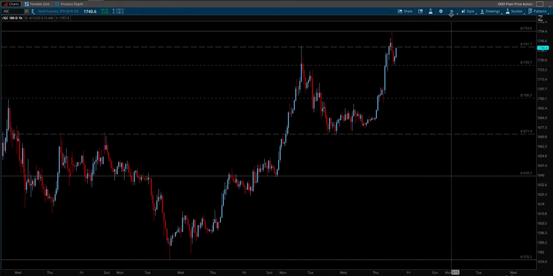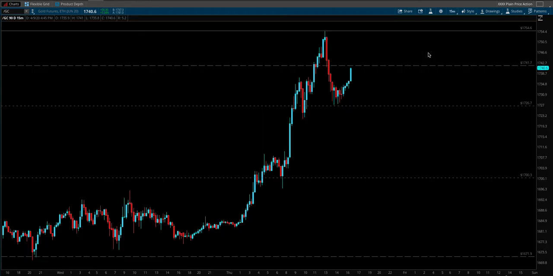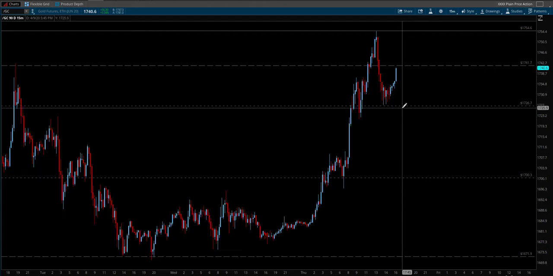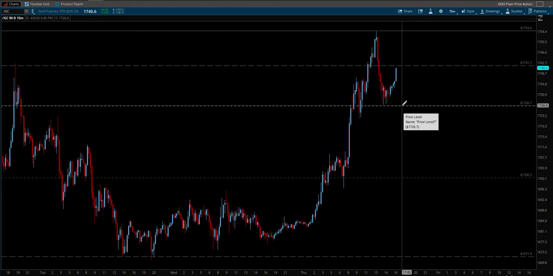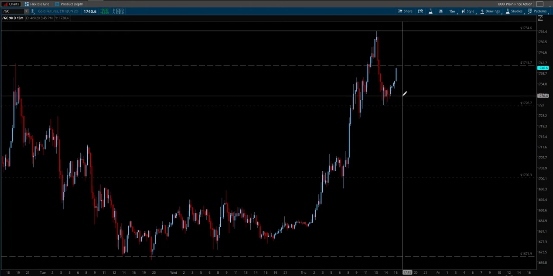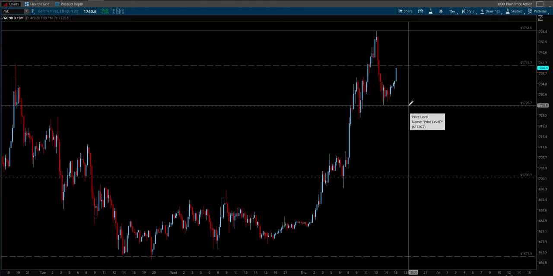But if you're trading a 15-minute chart, you may want to know where that level is, because if it breaks, then you may want to short on a 15-minute chart. Or you may want to try to go long on a bounce on a 15-minute chart.